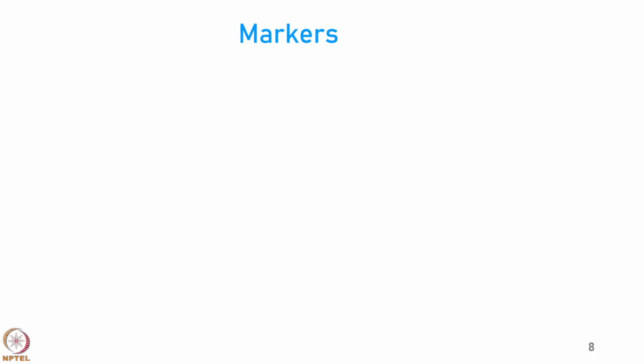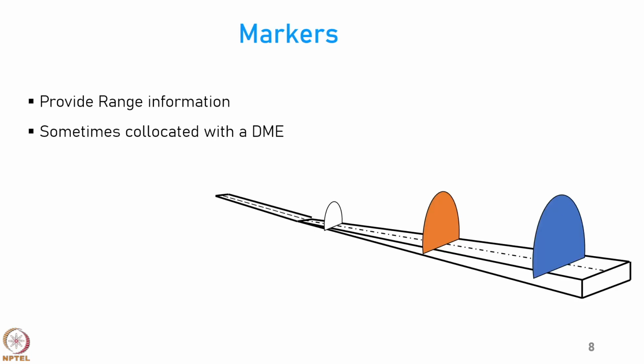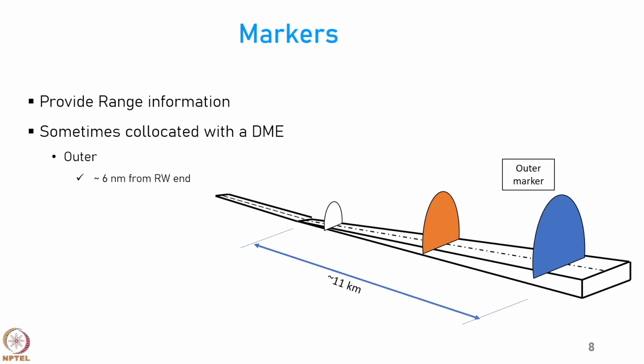Then we have the 3 markers which provide to the pilot the range information. That means you get a visual and an aural signature of how far you are. Sometimes we co-locate them with a DME, or distance measuring equipment. The outer marker is normally located around 11 kilometers or 6 nautical miles from the end of the runway.